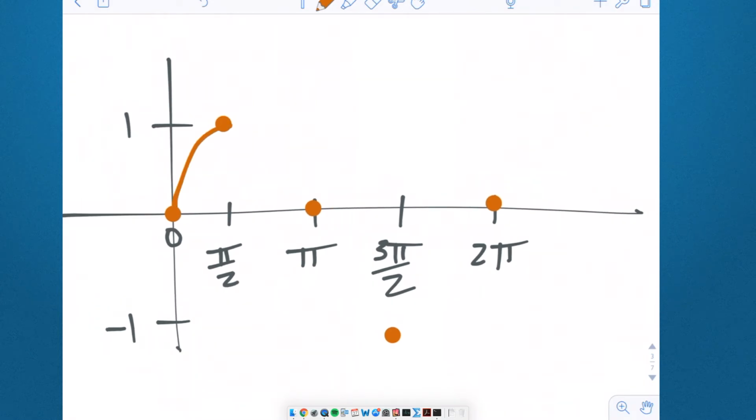There you go. Now notice how I connected? With smooth lines, yes, but you almost want to connect the dots with a quarter cycle sweep, okay? From 0 to pi halves, it's increasing and concave down, we say, curving down like a frown. From pi halves to pi, it's decreasing, concave down.